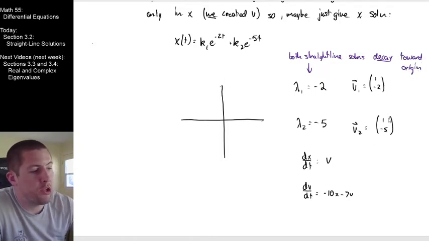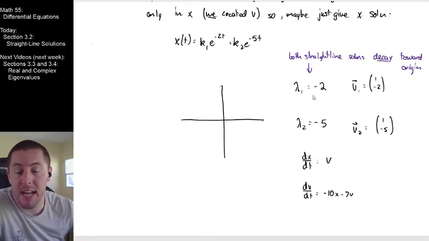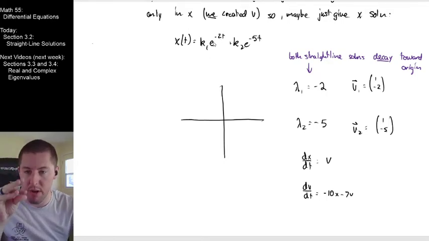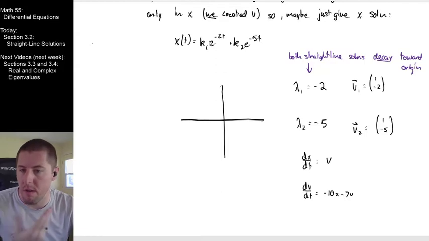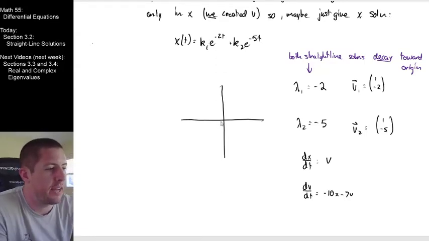So I'm going to graph my two lines based on my eigenvectors. I'm going to put arrows on them that go towards the origin because both of my eigenvalues are negative, representing exponential decay, right? That's e to the negative power. So as t gets bigger and bigger, my x value and my v value are going to get smaller and smaller towards zero, exponentially decaying towards zero.